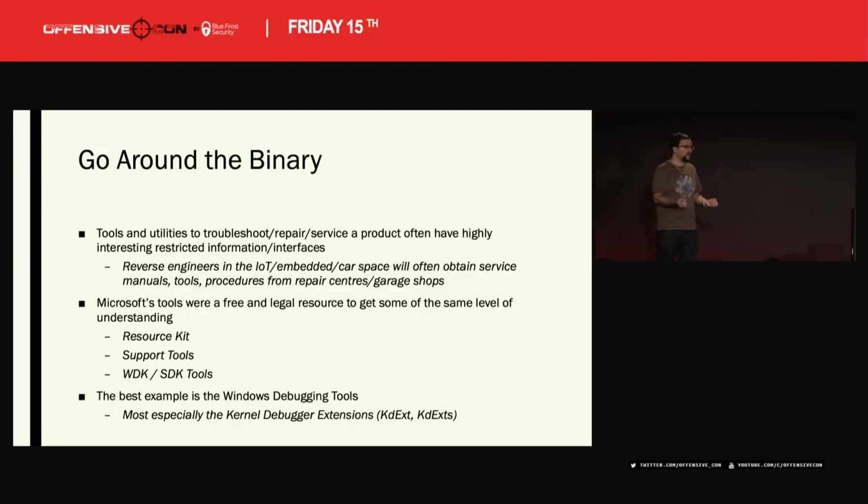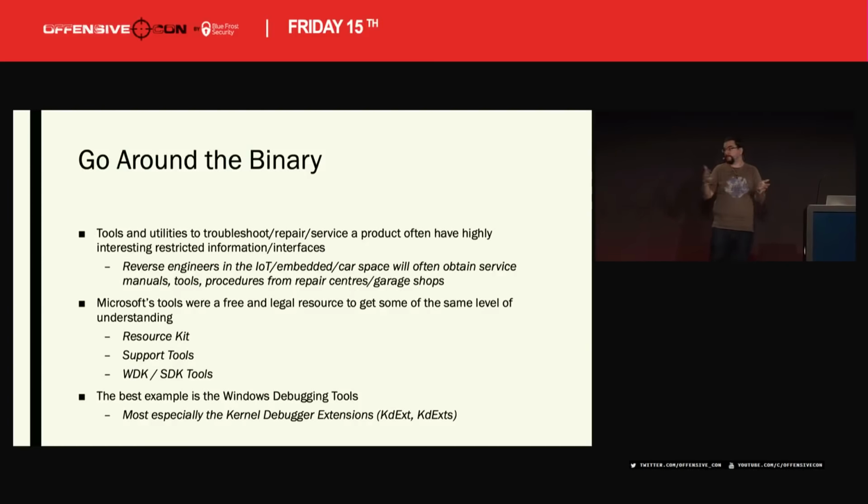A good example, the best example probably is the Windows debugging tools, which comes with WinDbg, which then has the KDX file, the kernel debugger extension files, which know how to print out various kernel data structures, including some that are not in public symbols, because if you look at these DLLs, you literally have printf statements printing out every offset, every field name, every type in a bunch of data structures.